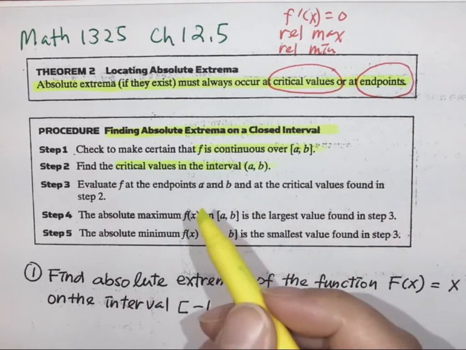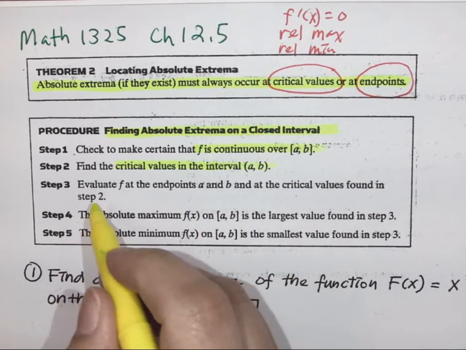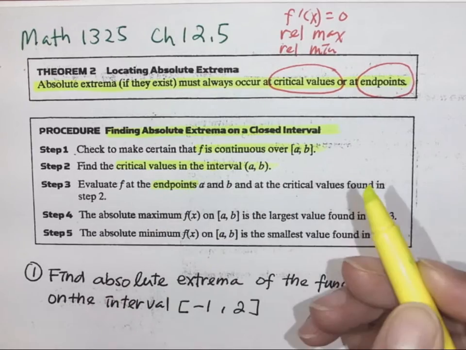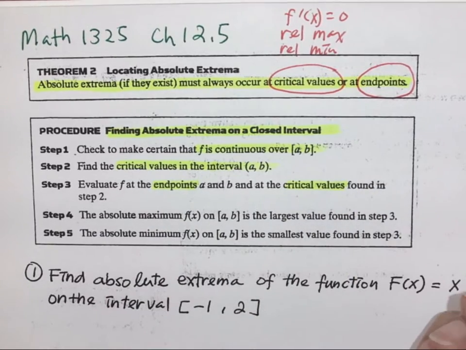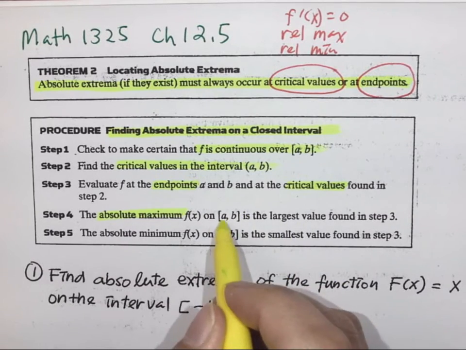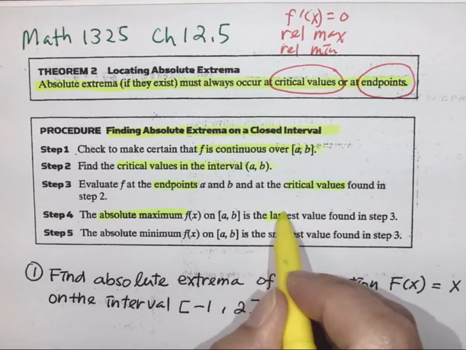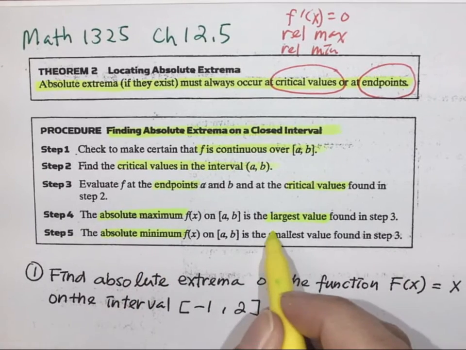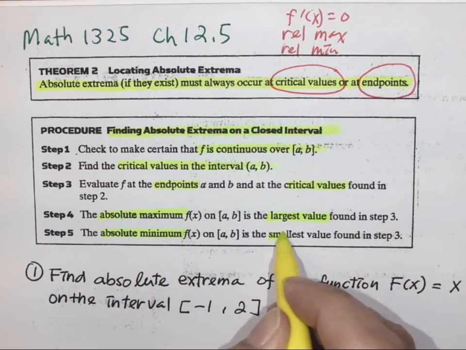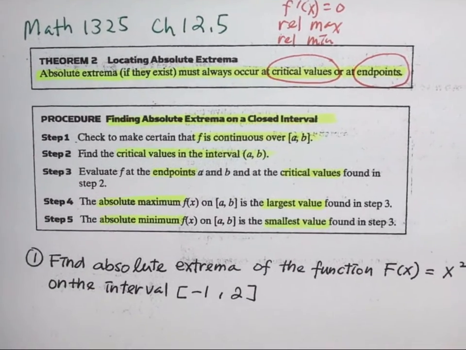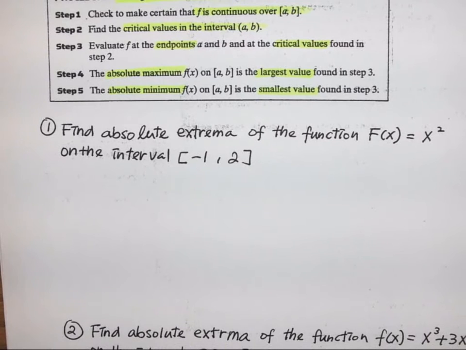After that, you want to plug into the original function the endpoints along with the critical values. Your absolute maximum within the interval is going to be the biggest y value, and the absolute minimum is going to be the smallest y value. So it sounds difficult, but let's try some together. Hopefully you think that would be not too bad.